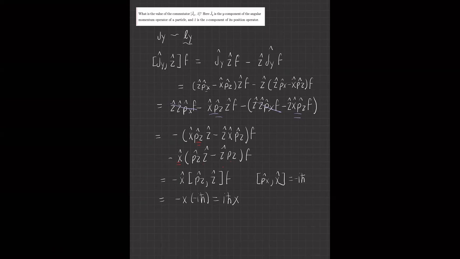The definition of a commutator is the first operator onto the second operator, minus the second operator and the first operator. And so I found out this is a commutator that we calculated before, which is just equal to negative IH bar. That's why I took x out, so I could find out this is a commutator, and so I can then plug in.